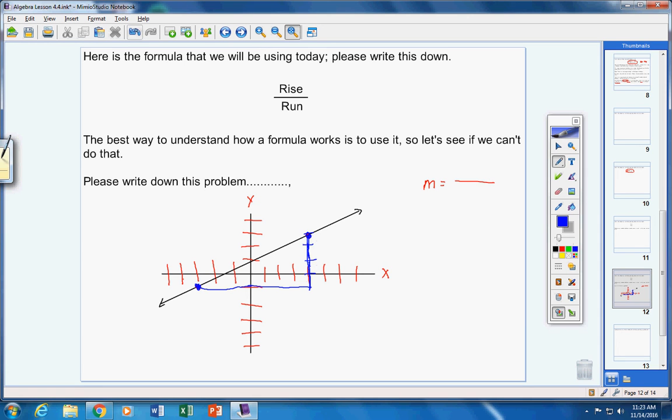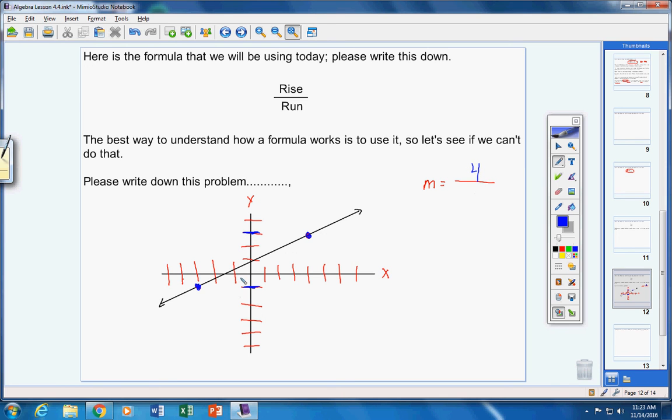And that's fine. For me, I just like to do this. I simply say, this point is right here at this line. This point is right here at this line. What's the rise? 1, 2, 3, 4. Or you can start here. 1, 2, 3, 4. Count every tick mark. So your rise number is 4.